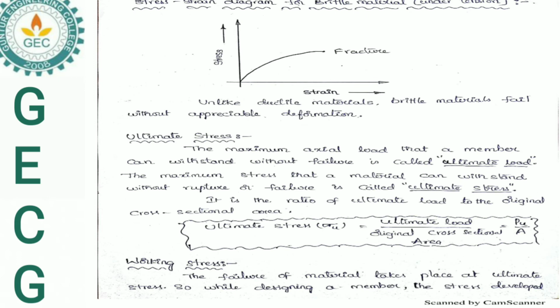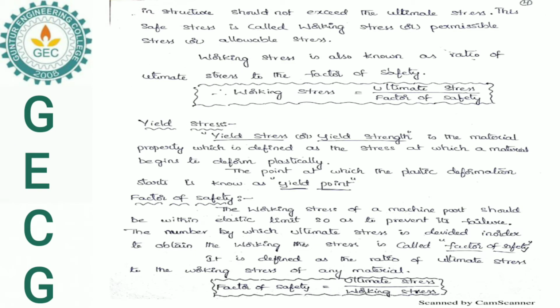Next we are discussing the topic working stress. The failure of material takes place at ultimate stress. So while designing a member, the stress developed in the structure should not exceed the ultimate stress. This safe stress is called working stress, permissible stress or allowable stress.